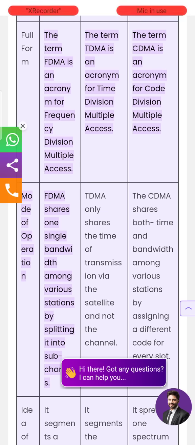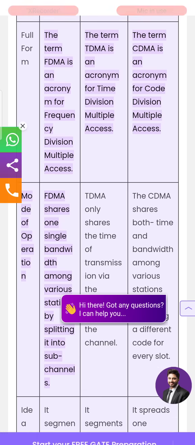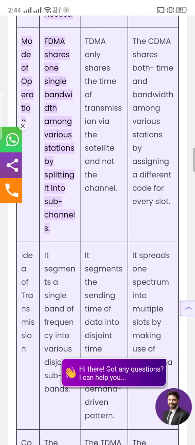FDMA shares a single pathway among various stations.